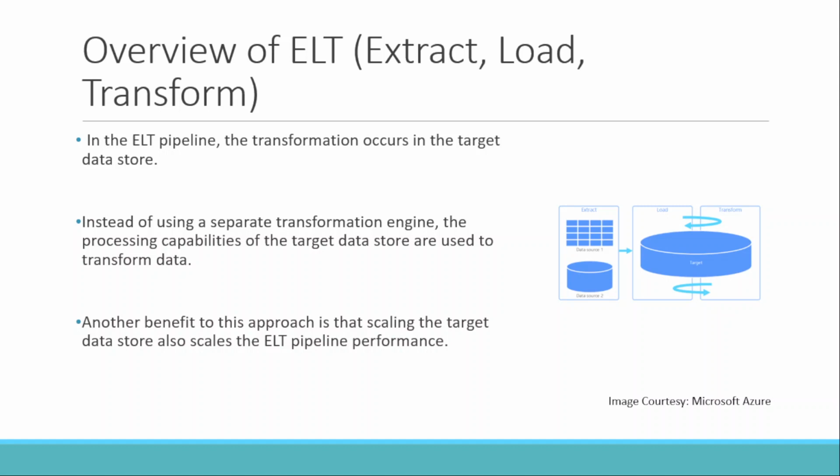All of this can be used to query the source data. The key point with ELT is that the data store used to perform the transformation is the same data store where the data will ultimately be consumed. This data store reads the data from the scalable storage instead of loading the data into its own proprietary storage.